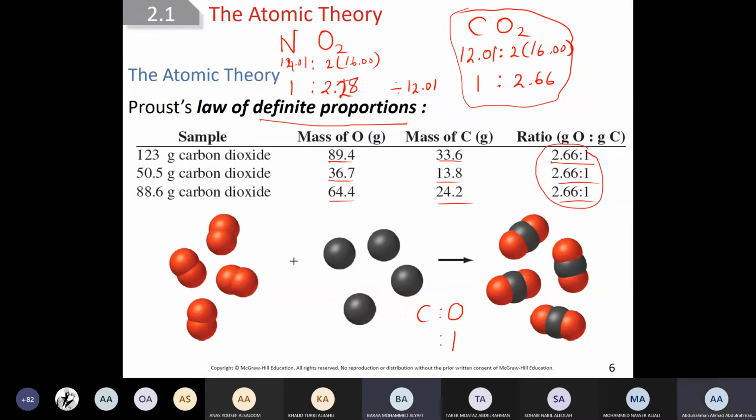The reciprocal. What will be the ratio if we have CO compound? What will be the ratio of oxygen to carbon? 0.75, exactly.